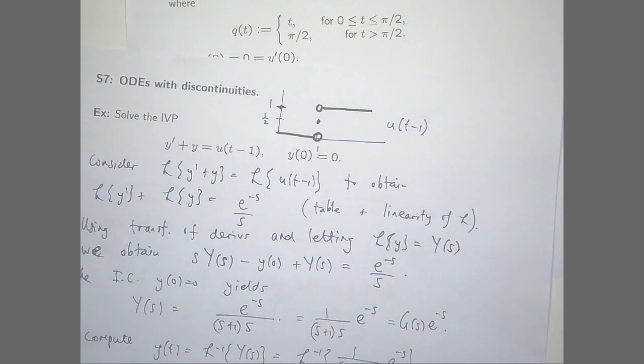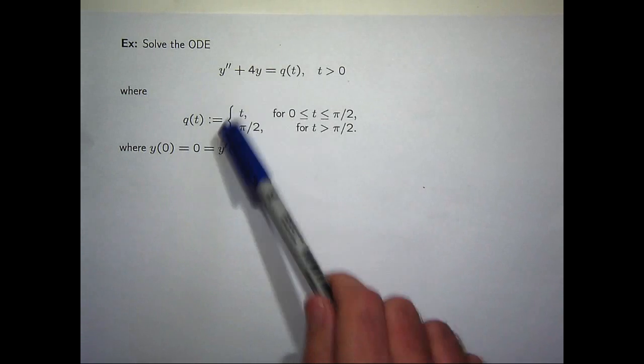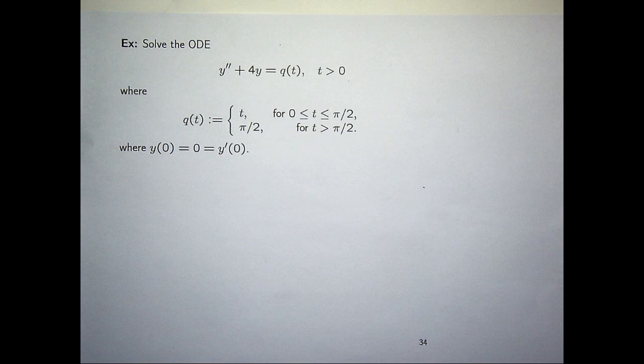Okay? Okay, here is a second order problem. And we are asked to solve it. And you'll see the right-hand side is kind of defined in a piecewise manner. So how do we solve it?